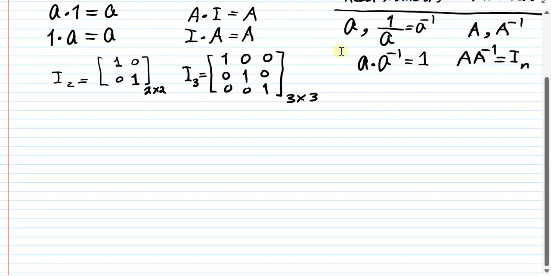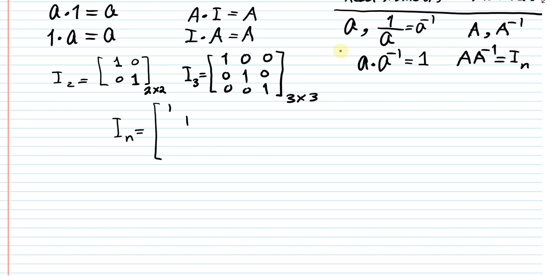So what does an n by n identity matrix look like? You can imagine you have n 1s along the main diagonal and you have 0s elsewhere. And this continues on, so you have 0s all the way across.